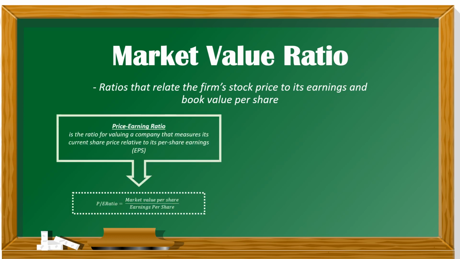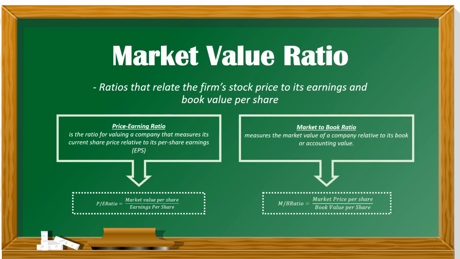Here we have first the price earning ratio, which is a ratio for valuing a company that measures its current share price relative to its per share earnings, or the EPS, the earnings per share. The formula for this is market value per share divided by the earnings per share.